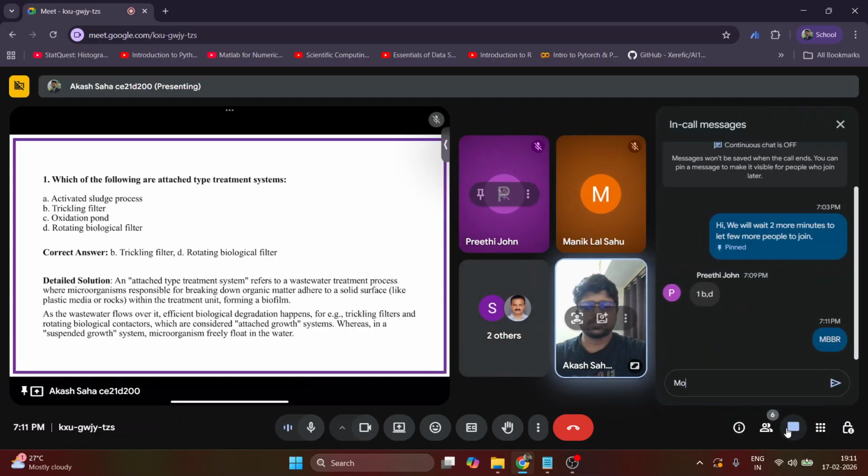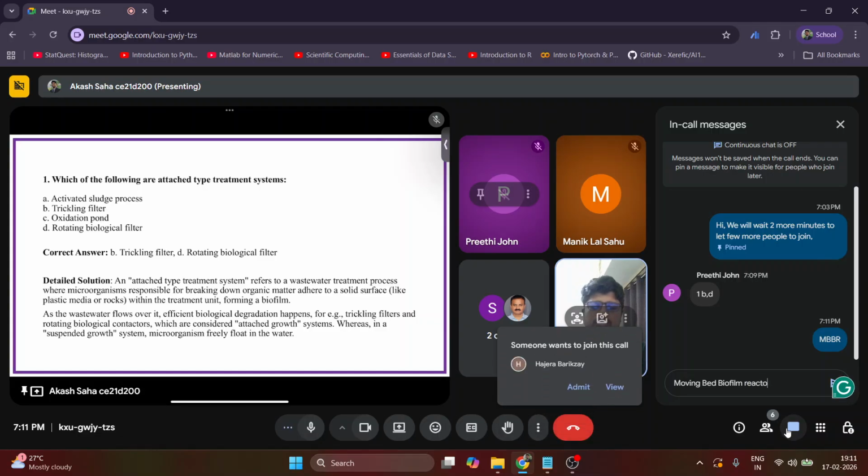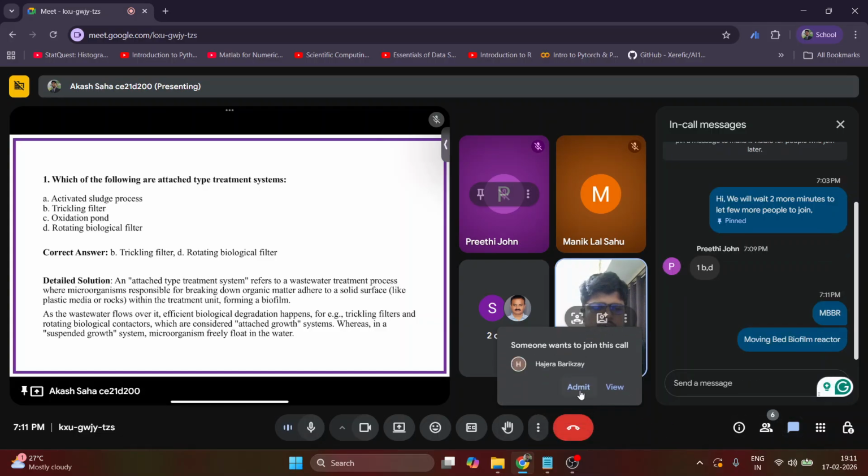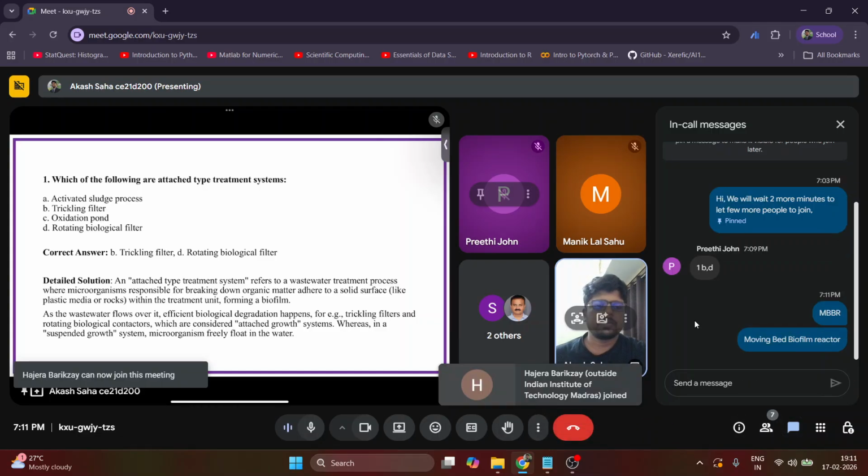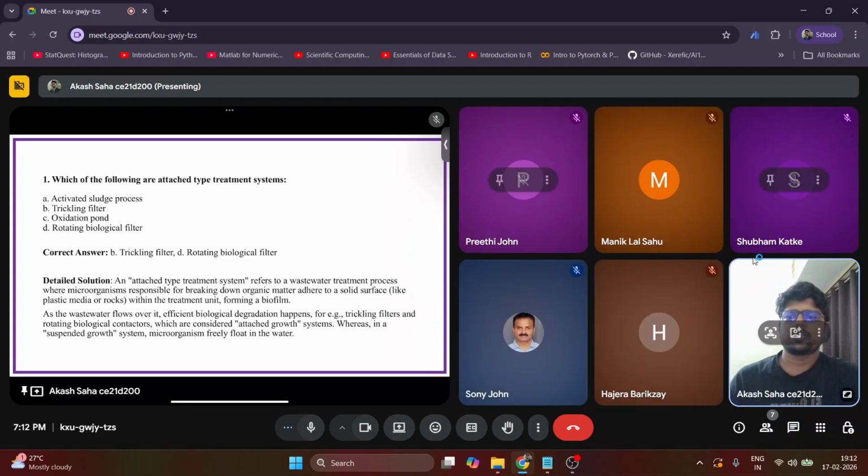So MBBR is nothing but moving bed biofilm reactor. It's a modified version of ASP. In the activated sludge process, in the aeration tank we let the microorganisms move freely inside the reactor, right?